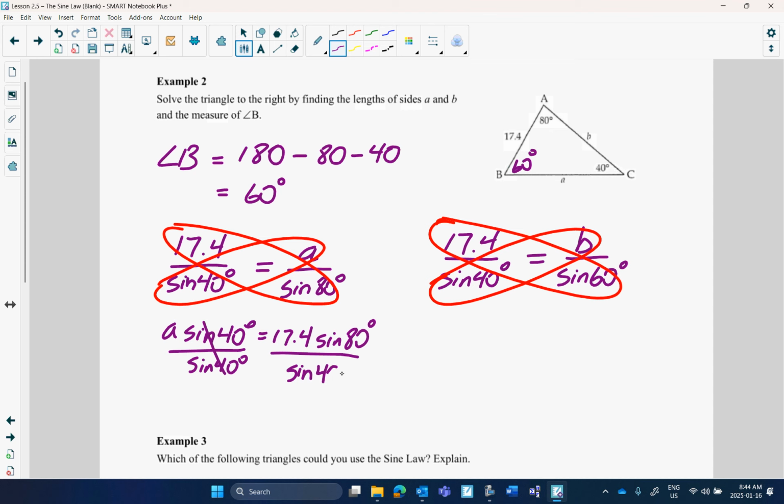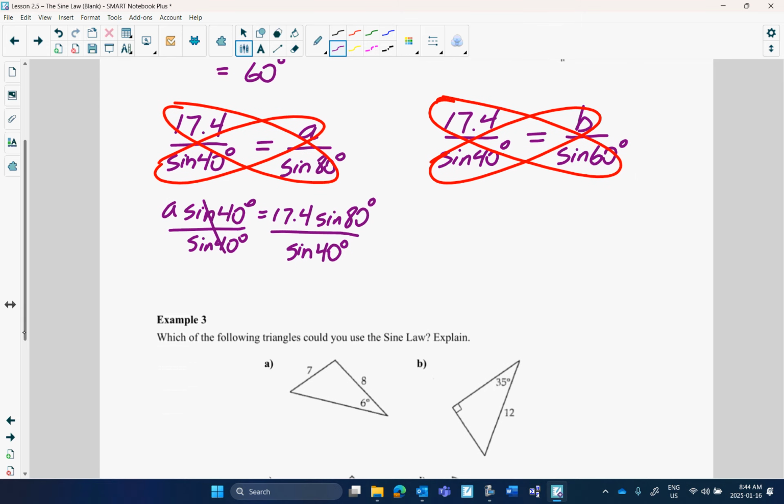And to find a, it's going to be 17.4 times the sine of 80 divided by the sine of 40. And we'll go to one decimal place. I'm going to cheat a little bit because I've already got the answers. Should get 26.7.